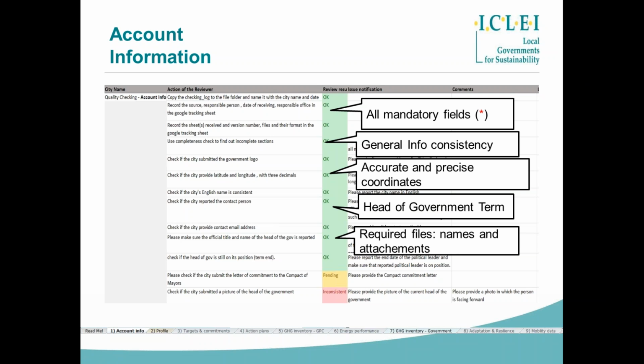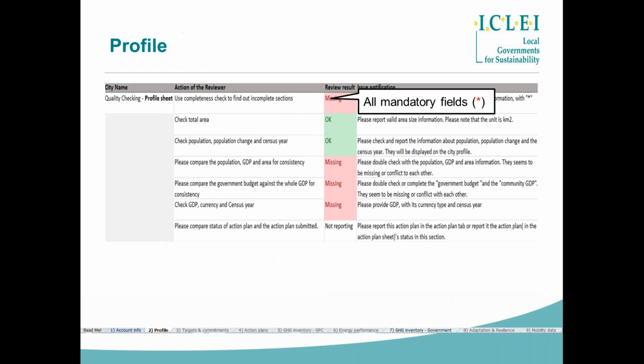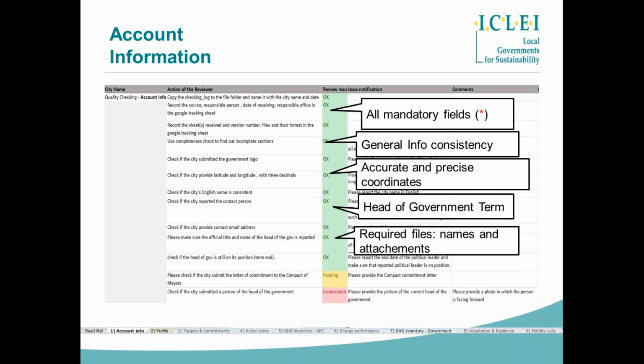If this is finishing soon, we are going to make a note so that we have up-to-date information. Then the required files: cities need to report the names, and they also need to attach this. Those are the things that we are going to be looking at in the account information tab. So please help us with this.